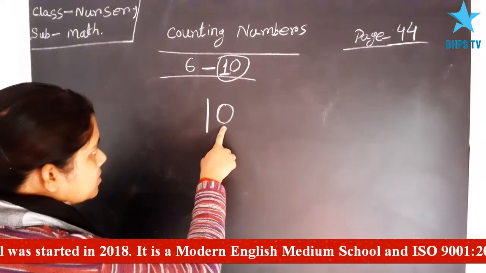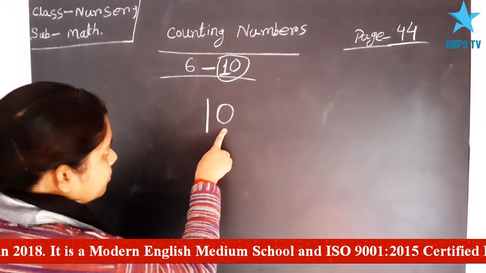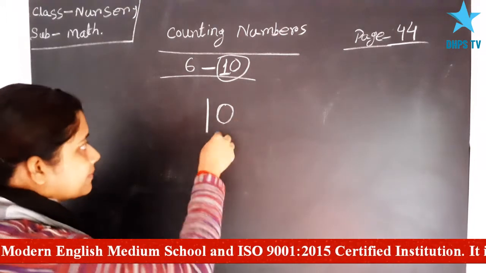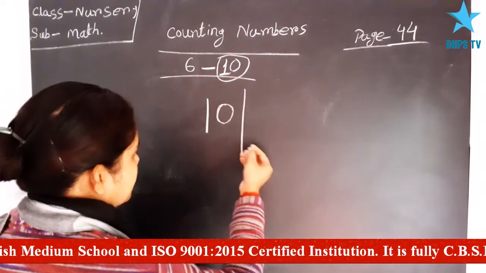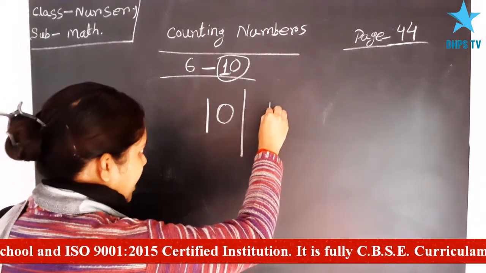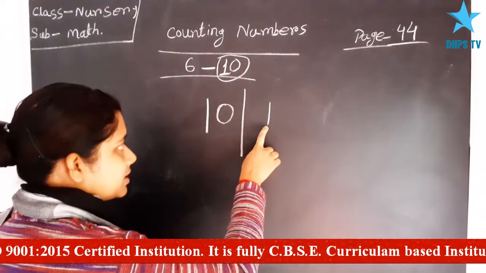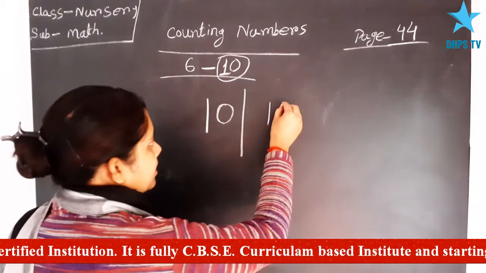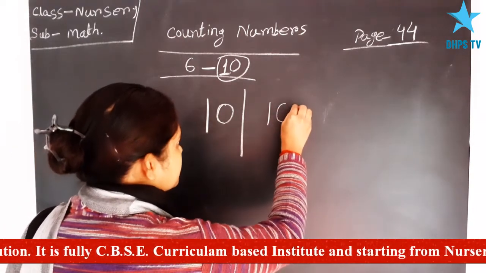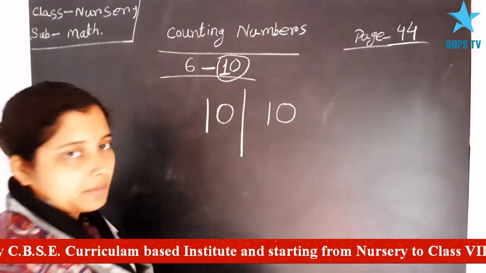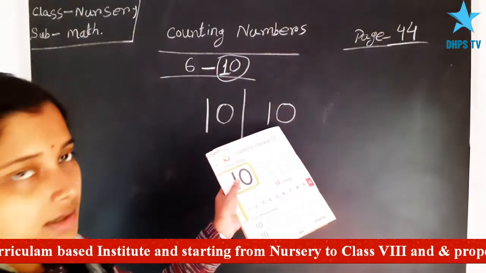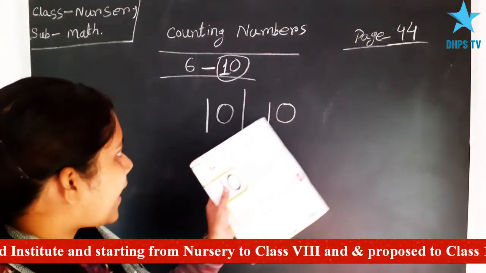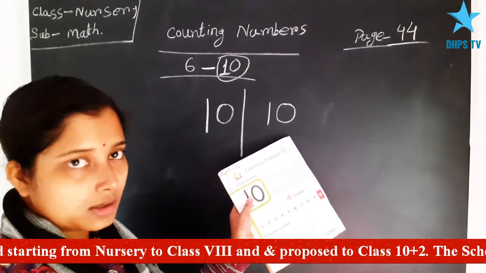So 1, 0, make 10. Again see, at first write the number 1. 1 means a straight line, and then make a 0. 0 is a number of round shape or circle. So 1 and 0 make the number 10.